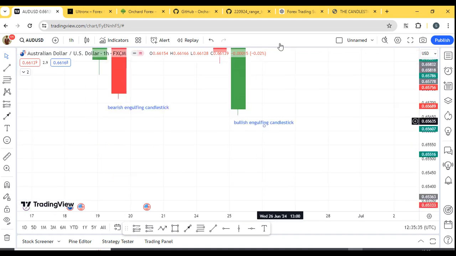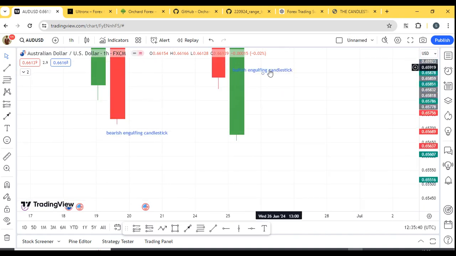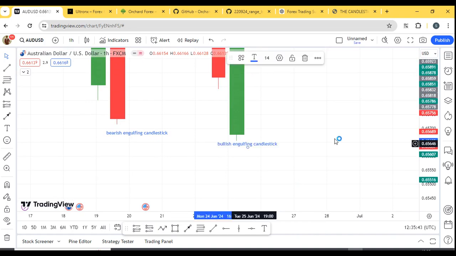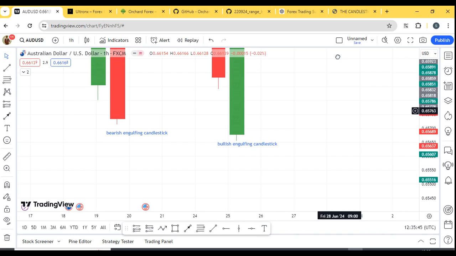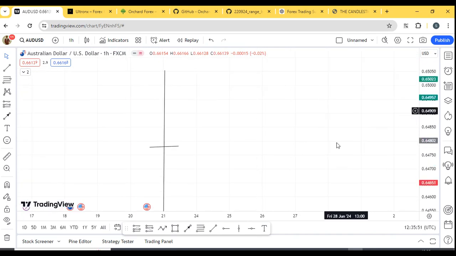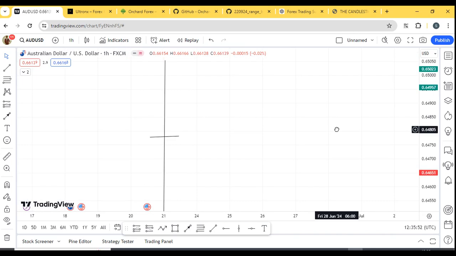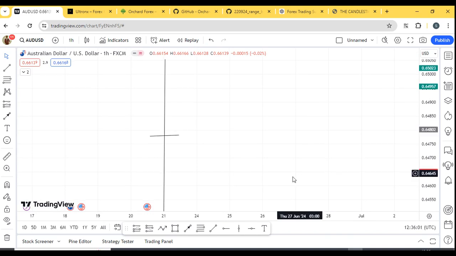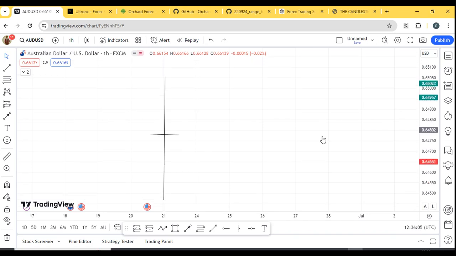Let's go up. Another candlestick we note is the doji candlestick. A doji candlestick, or we can also call it an indecision candle.